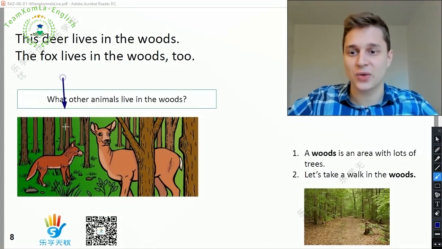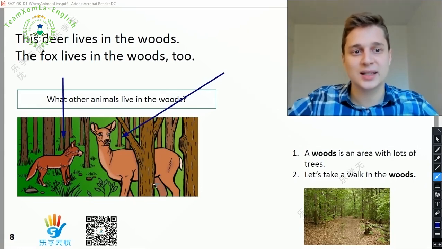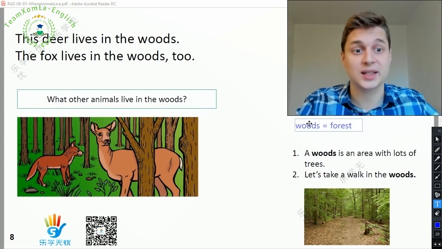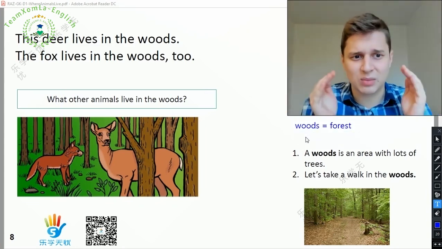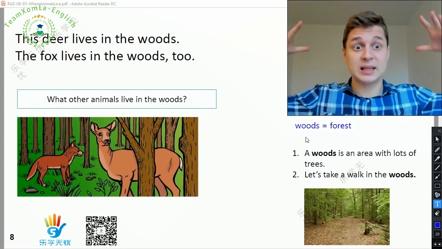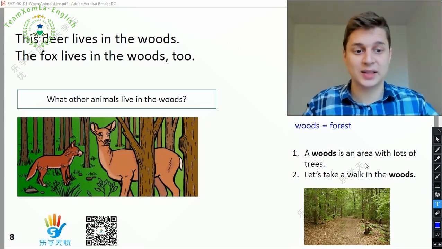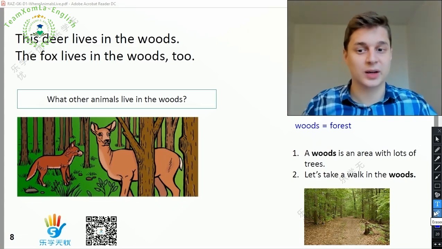What about foxes and deer? Why do foxes and deer live in the woods? The woods are just another word for forest. Woods are a bit smaller and a forest is a bit bigger. But why do these animals stay here? You cannot hide from rain in a forest.